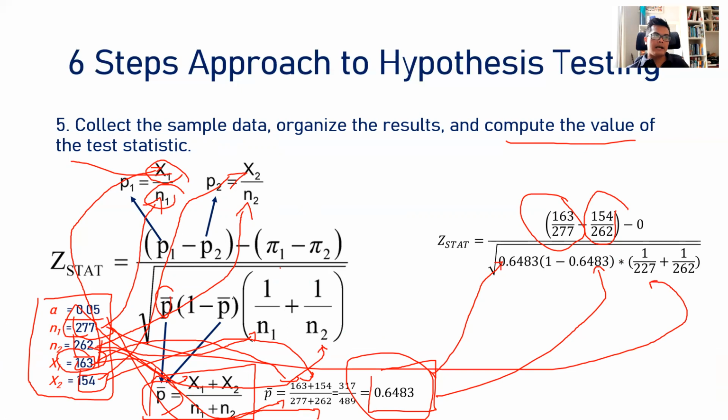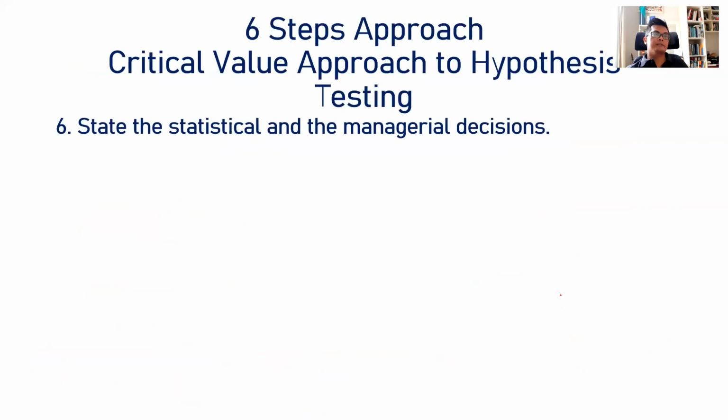And the hypothesized value: we have the hypothesis that the proportion of Android users in Bandung is equal to the one in Surabaya, which means the proportion in Bandung minus the proportion in Surabaya equals 0. With that, the result is 3.008.